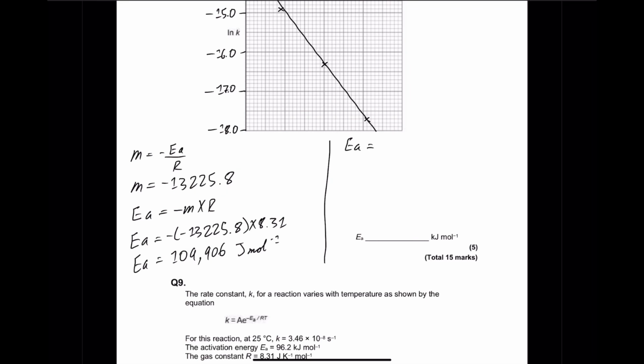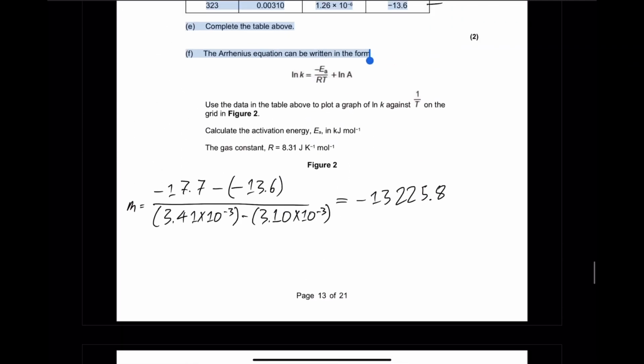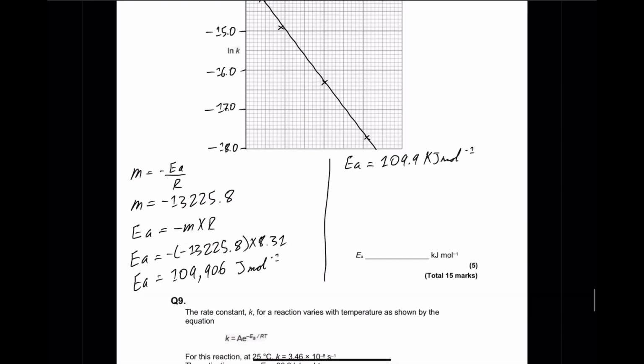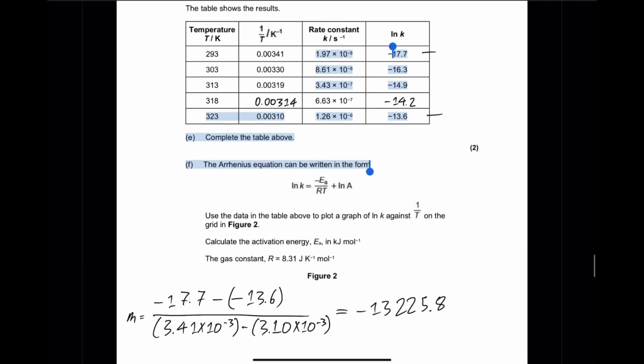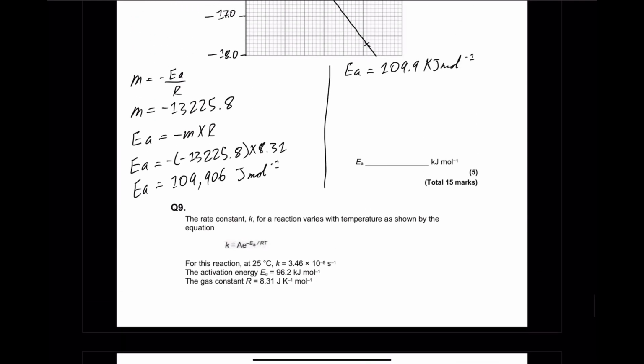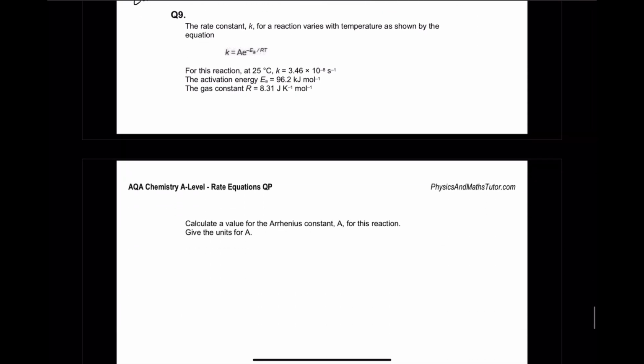Activation energy is now 109.9 kilojoules per mole. They use three significant figures, don't they? I'd say 110 kilojoules per mole because they use three significant figures. Anyway, I'm wasting time now.